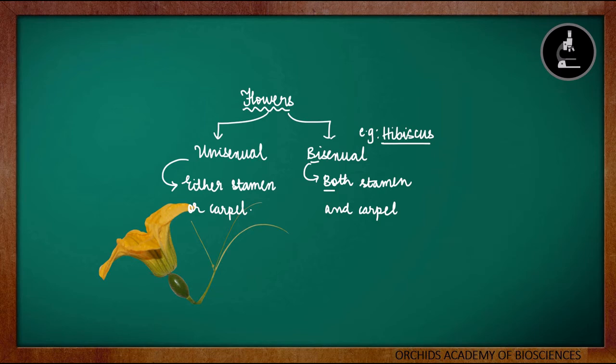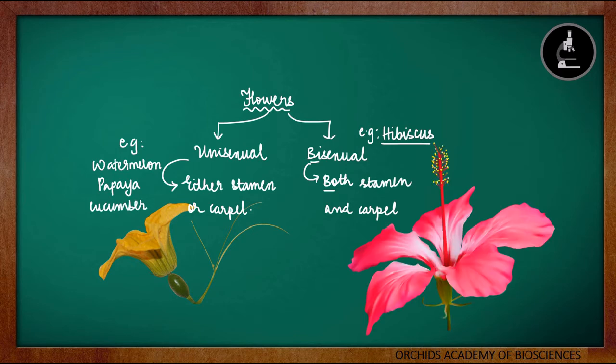The other plants which have unisexual flowers are watermelon and papaya. Whereas for bisexual, a very typical example is the hibiscus flower because it has both the male part, that is stamen, and the female part, that is carpel. So this is about the unisexual and bisexual flower.